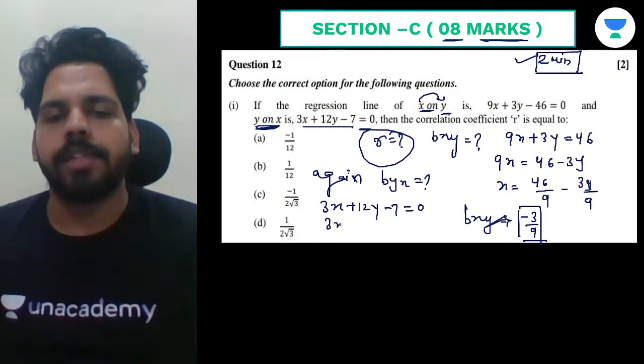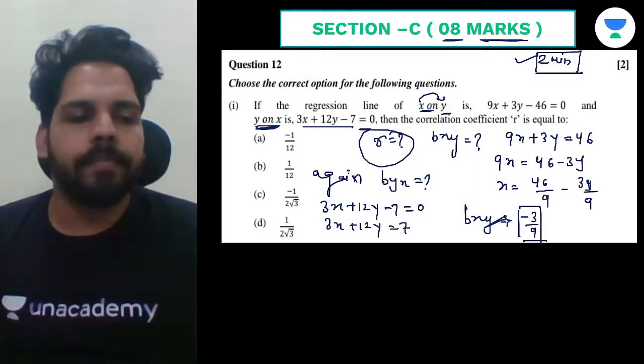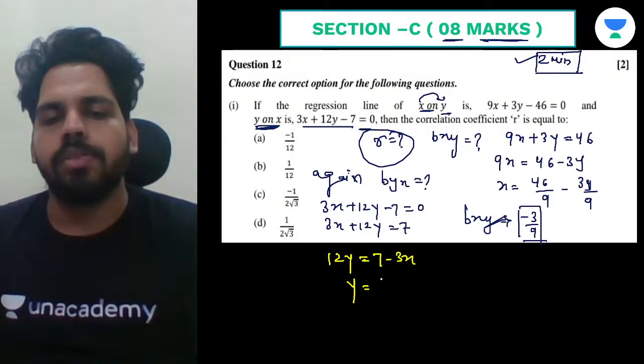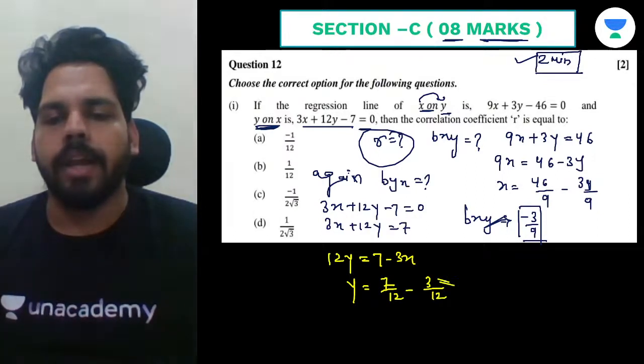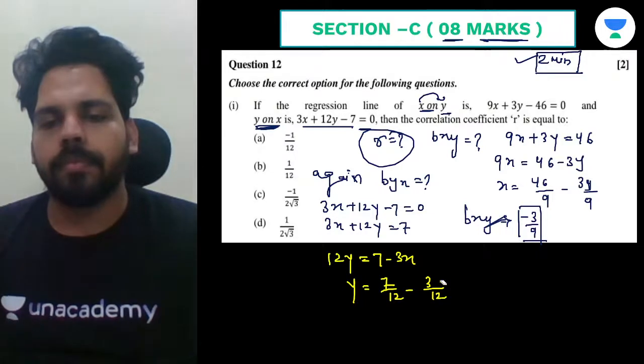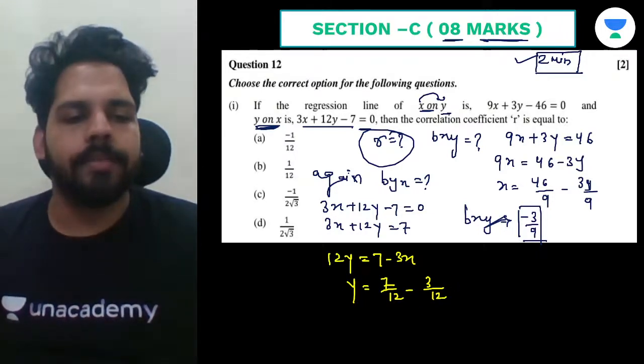We can write this equation as 3x plus 12y is equal to 7, and then we can write 12y is equal to 7 minus 3x. And y is equal to 7 upon 12 minus 3 upon 12 into x. Agree? I hope you understand.